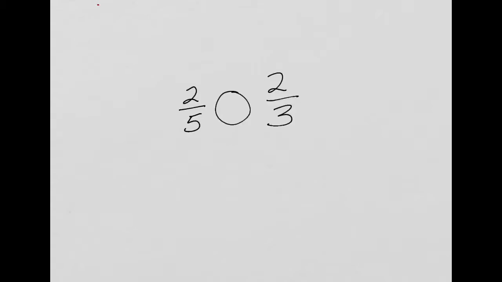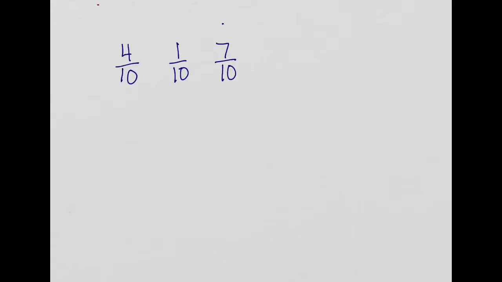Is 2/5 greater than, less than, or equal to 2/3? If you said less than, you are correct, because the more pieces there are, the smaller the pieces get. So very, very good.